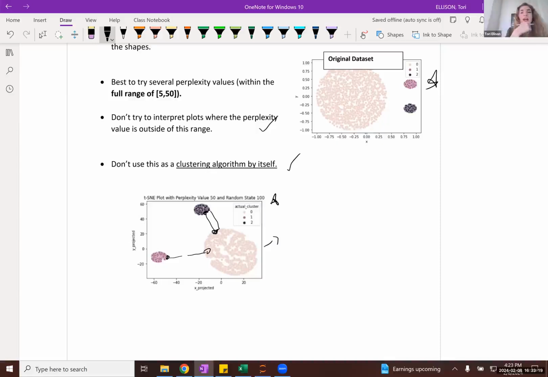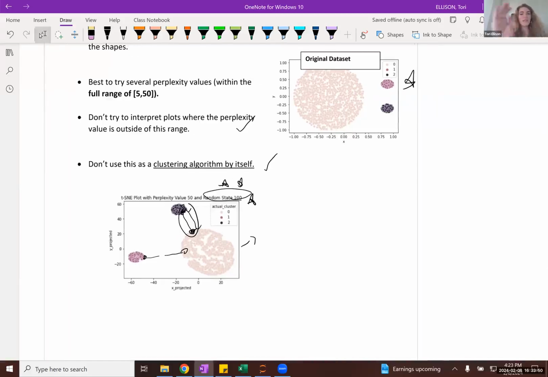And this can lead to very misleading clustering results based on just the random placements that 2 points might have had for a particular random state. So for instance, a clustering algorithm may have put these 2 points together if you'd been using one particular random state TSNE plot. But if you use a different TSNE plot, you might have gotten a different result when putting that into a clustering algorithm. The bullet point is, don't think of this as a clustering algorithm itself, but more of just an aid.